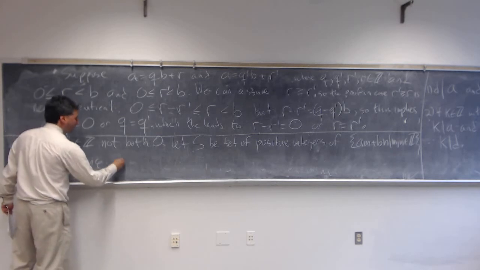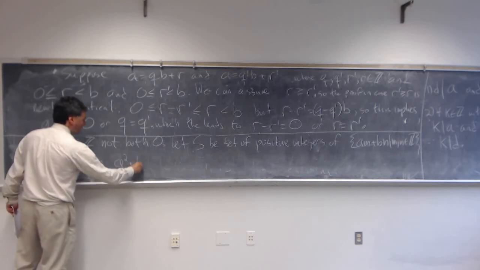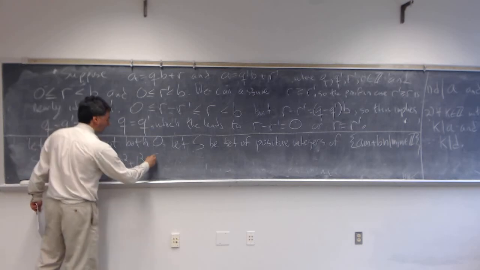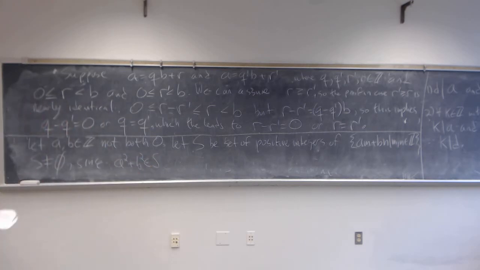S is not empty because A squared plus B squared is an element of S. You take M equals A, N equals B, so A times A plus B times B is in that form. And since A and B are not both 0, at least one of A squared and B squared will be positive.